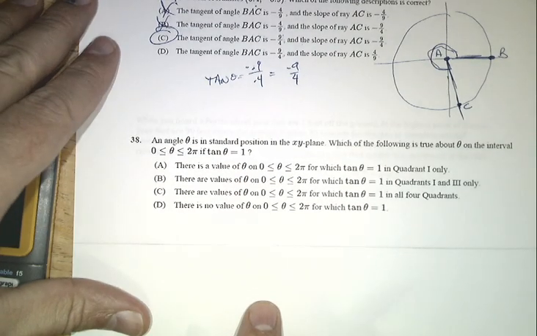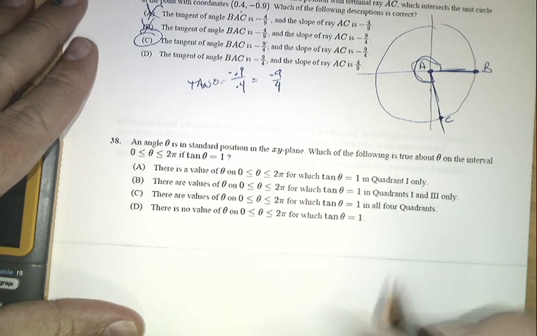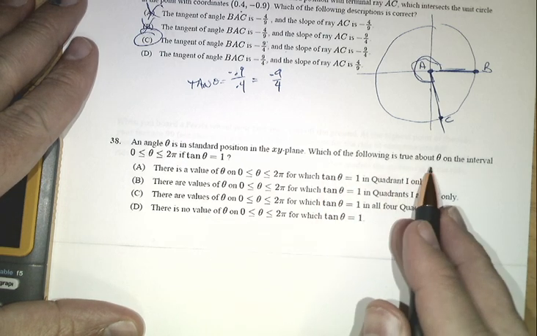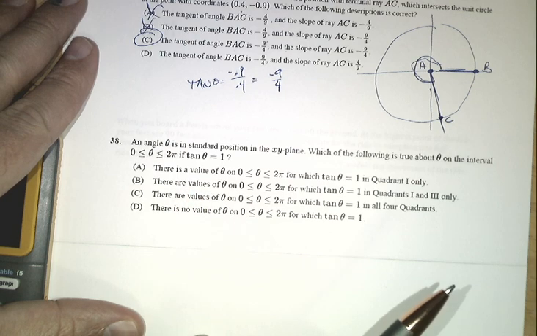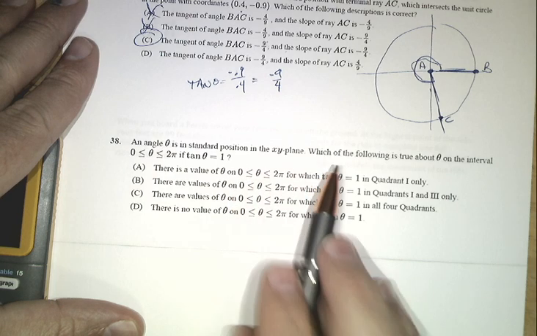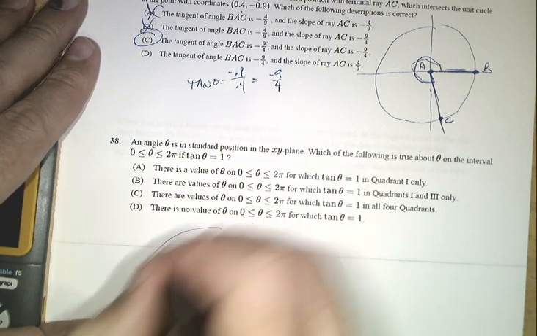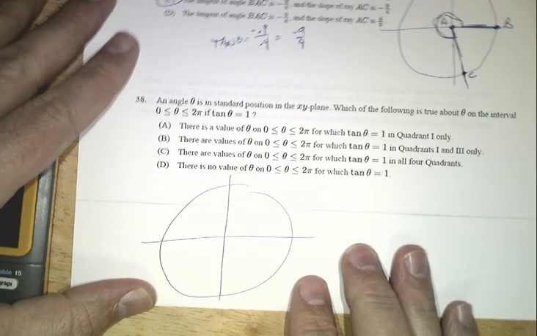38. An angle theta is in standard position in the xy plane. Which of the following is true about theta on the interval from 0 to 2 pi if tangent of theta is 1? Let's draw our circle again.